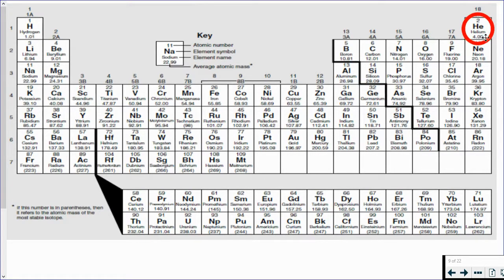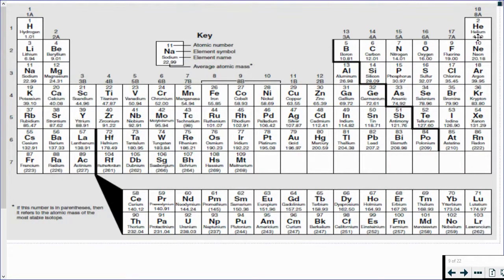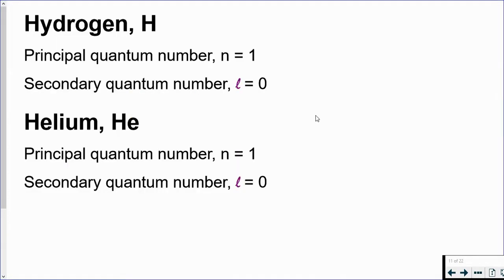It can be found in period 1, so the principal quantum number will be n equals 1. The location of helium on the periodic table is still in the s block, even though it is on the right-hand side of the periodic table. The principal quantum number for helium's second electron is n equals 1. The secondary quantum number for helium's second electron is l equals 0 to represent the s orbital.